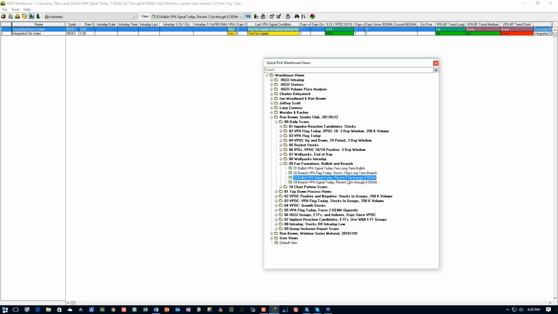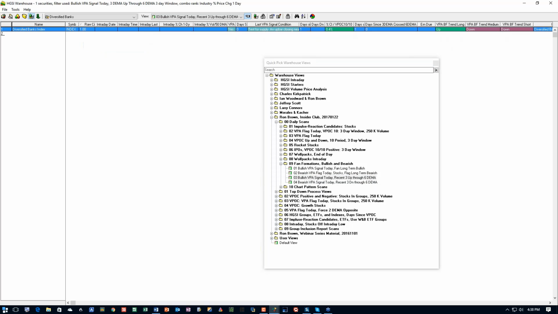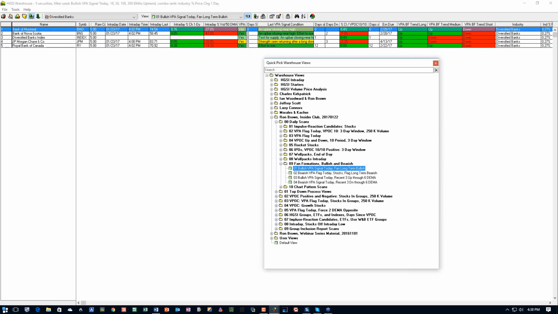This is the 3-day exponential moving average up through the 6-day moving average. I'm just going to leave it on the groups, and I'm going to change to the industry group. See, no stocks come up on this right here. Only the index did. Now, if I go back up to this one and look at the long-term fan bullish, you can see that 4 stocks pass this criteria. Let's just take a look at JP Morgan.